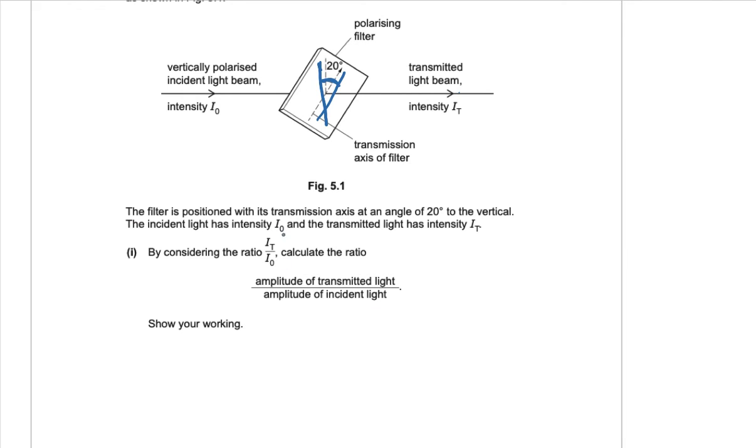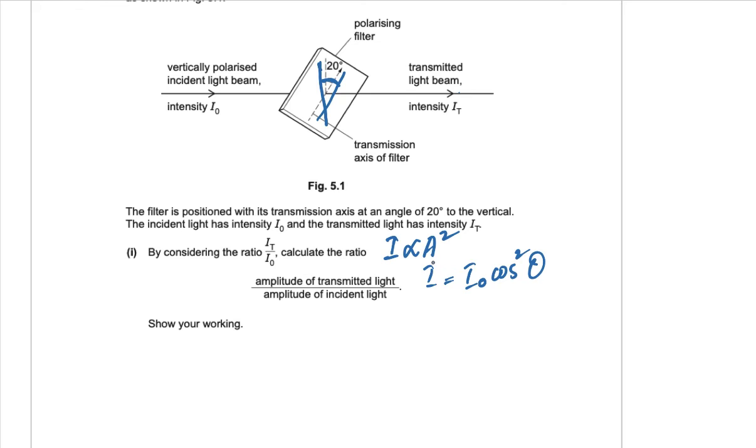Now you have to consider this ratio, that is intensity of the transmitted light and the initial intensity of the light beam, and you have to find the ratio, that is amplitude of transmitted light to amplitude of incident light. Now in your course you must have learned that intensity is directly proportional to amplitude square, right? And intensity at any point is equal to the initial intensity and cos square the angle that's given to you.